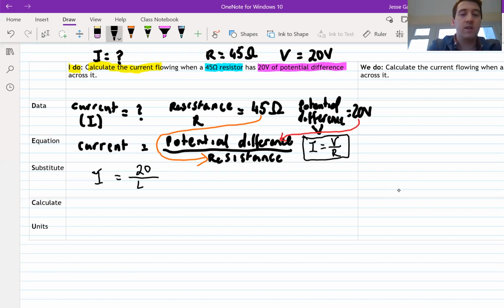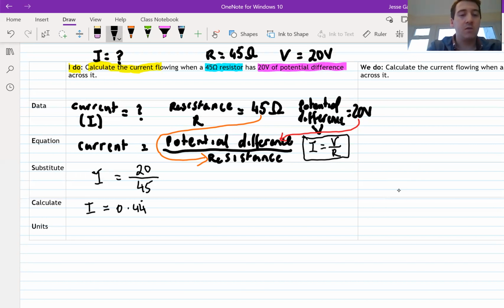That gives me 20 divided by 45. I'm going to need my calculator here, and you guys are going to need your calculator now for the rest of the class. We calculate 20 divided by 45, and on the next line, where it says calculate, I get I equals 0.44 recurring.